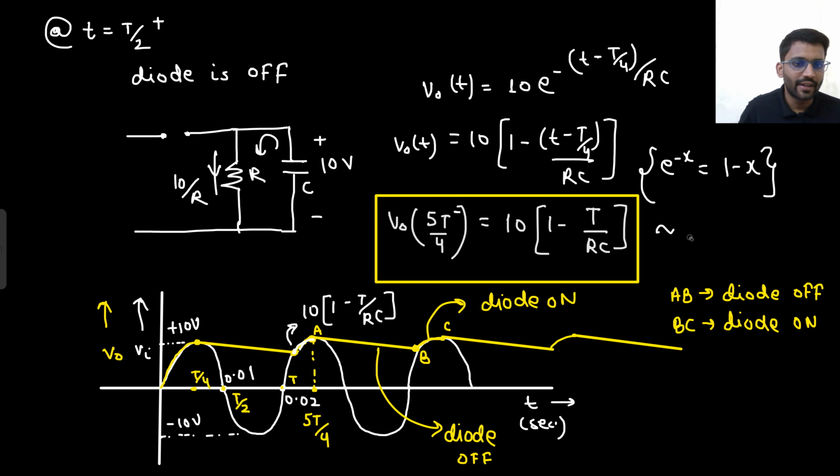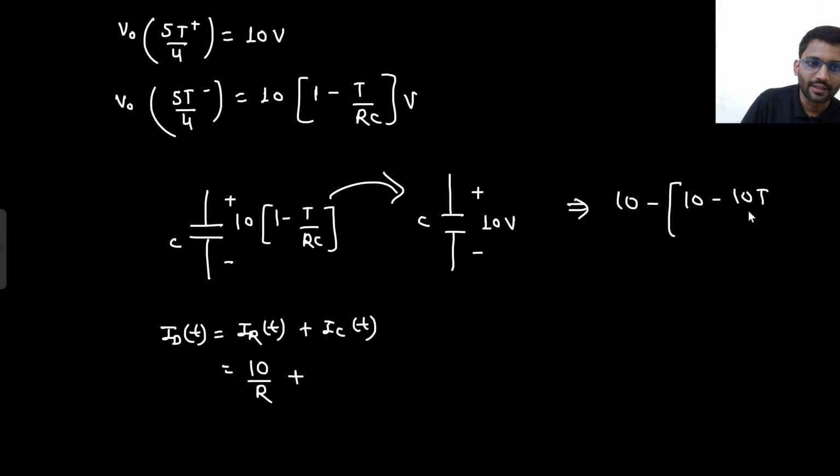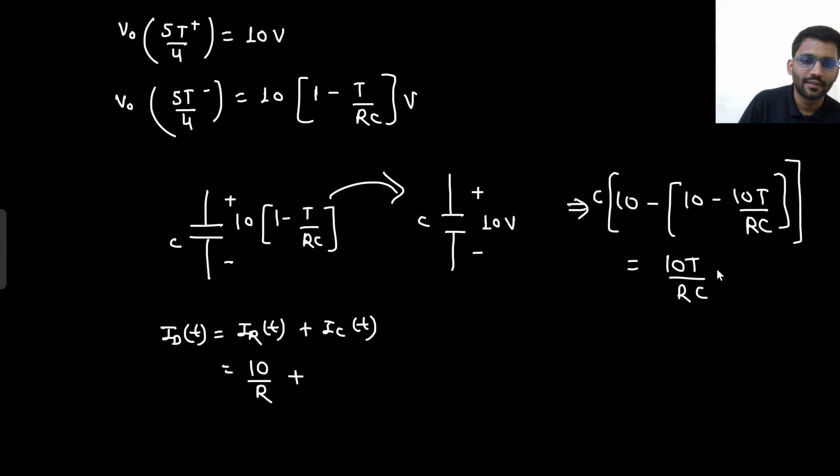So you can write that your diode current will be the resistor current, that is 10 by R, plus the capacitor current, which changes like this. So what will be the change here? Final is 10, minus initial, 10 minus 10t by RC, so that would be 10t by RC, but it will be multiplied with the C value because we are writing the current as C times delta t, minus 5t by 4, because all is happening at 5t by 4.